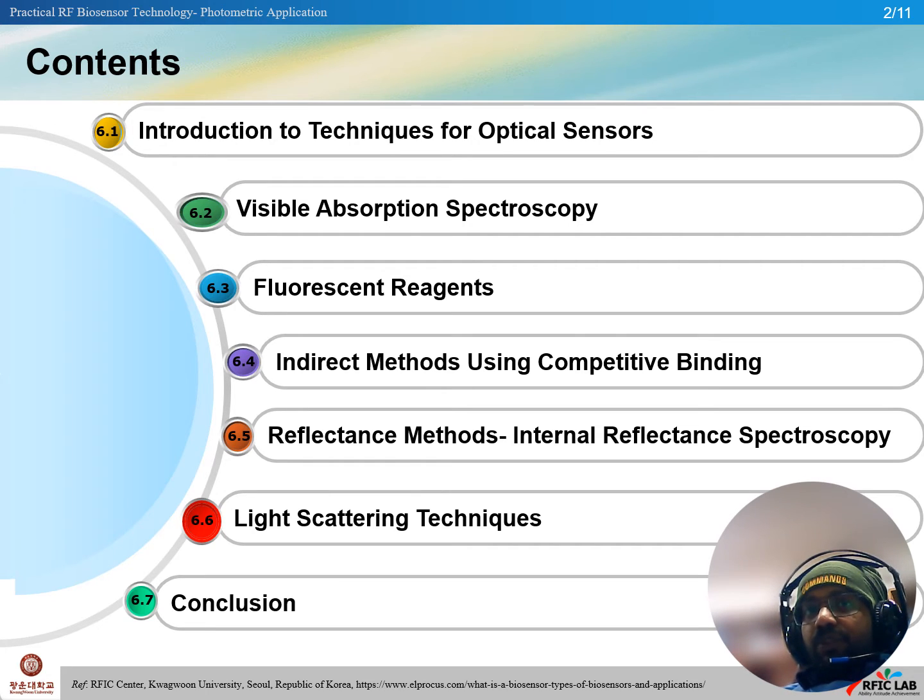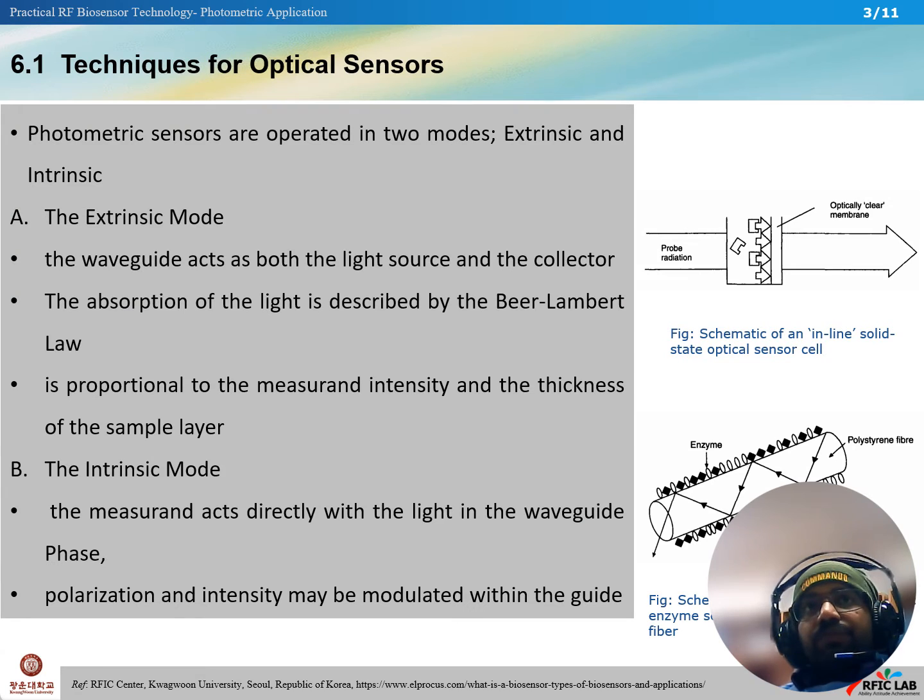Then we will cover indirect methods using competitive binding, and also the reflectance method, internal reflectance spectroscopy, and light scattering techniques. At last we will conclude our presentation, including optical sensor applications.